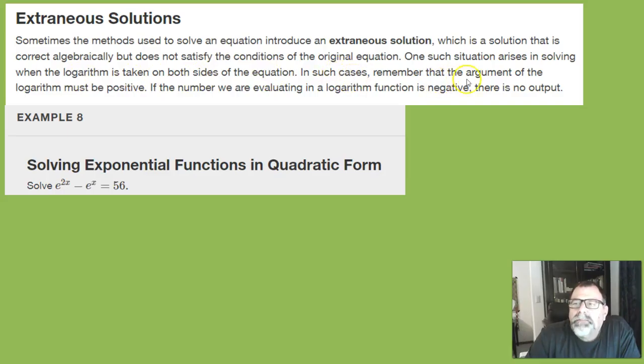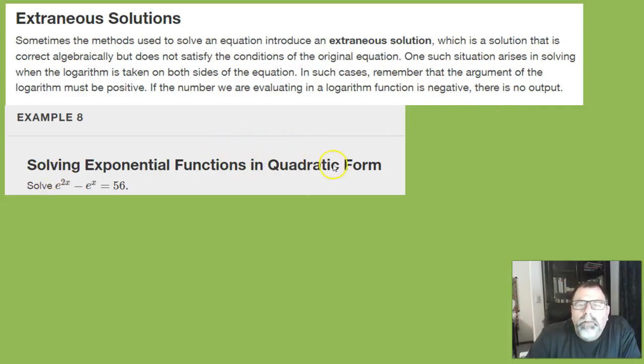In such cases, remember that the argument of the logarithm must be positive, right? So our input value, the domain, has to be a positive number. If the number we are evaluating in a logarithmic function is negative, then there is no output value, right? It's undefined, so that could cause some problems.